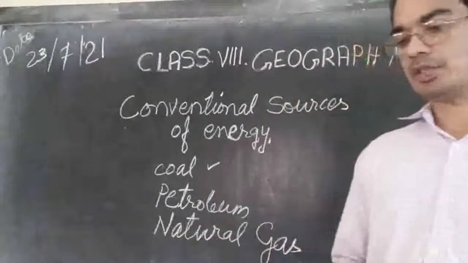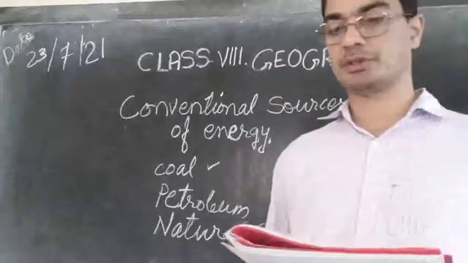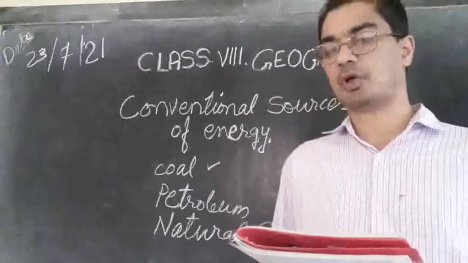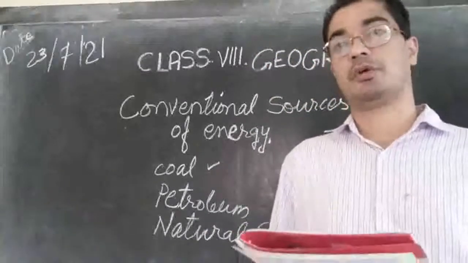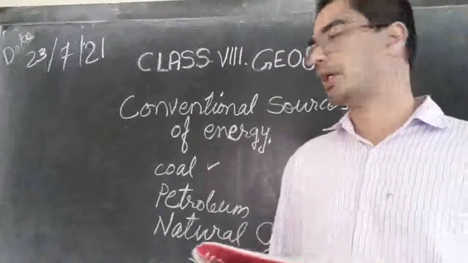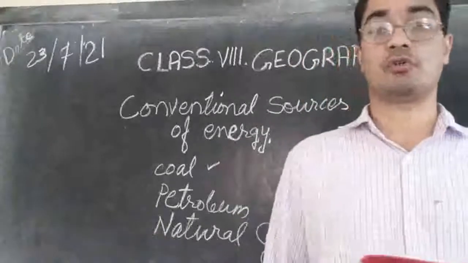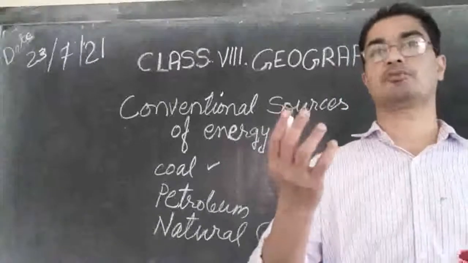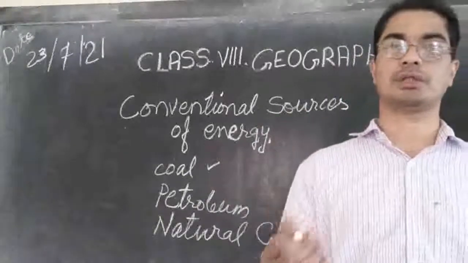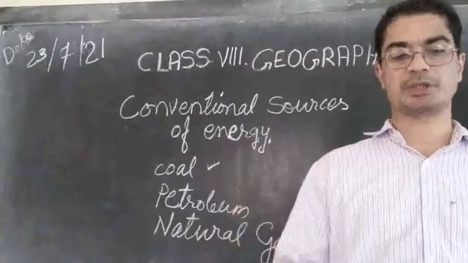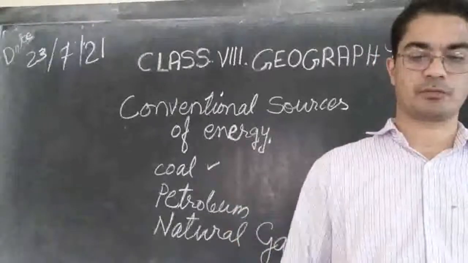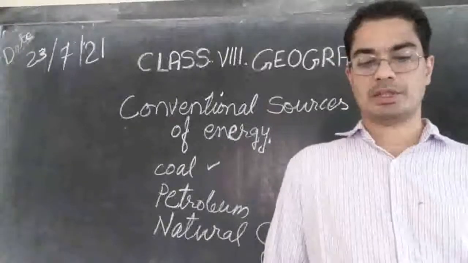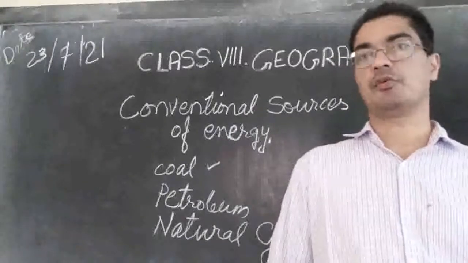Natural gas is found with petroleum deposits and is released when crude oil is brought to the surface. So from where do we get this natural gas? It is found together with the petroleum products. When the crude oil is brought out, this natural gas is also taken out with it. Then it can be used as a domestic and industrial fuel.